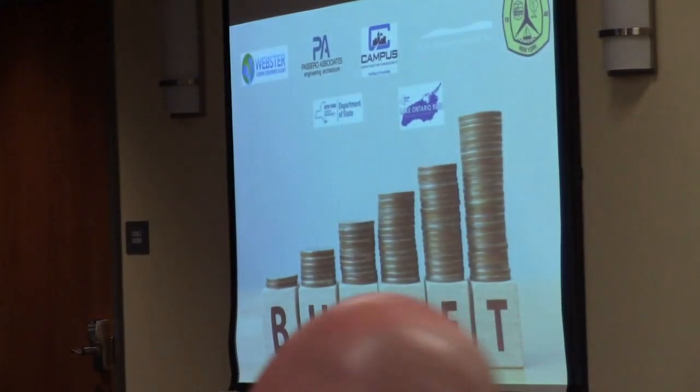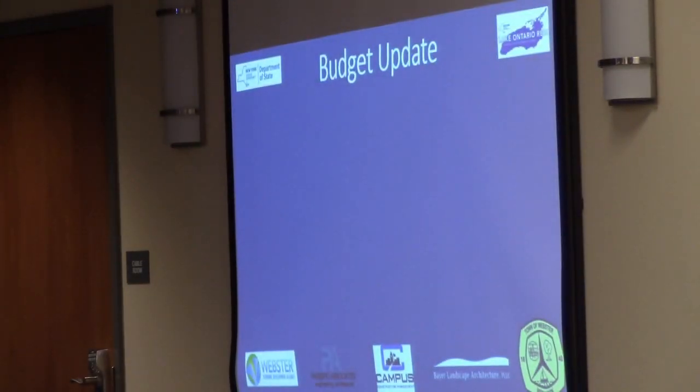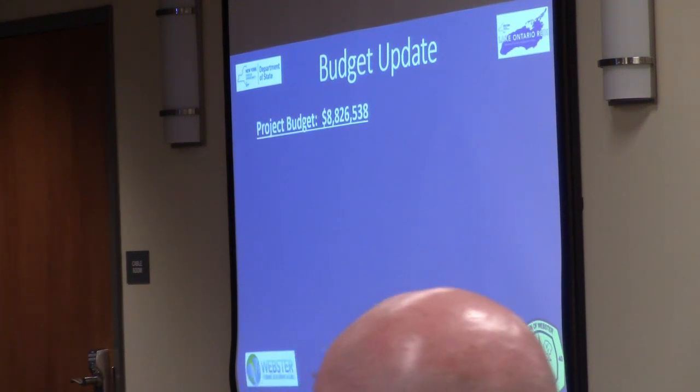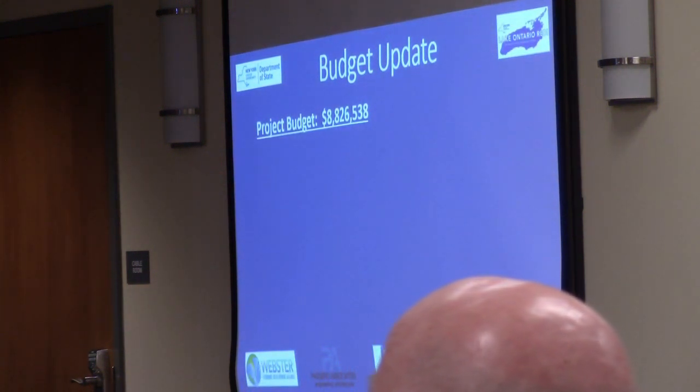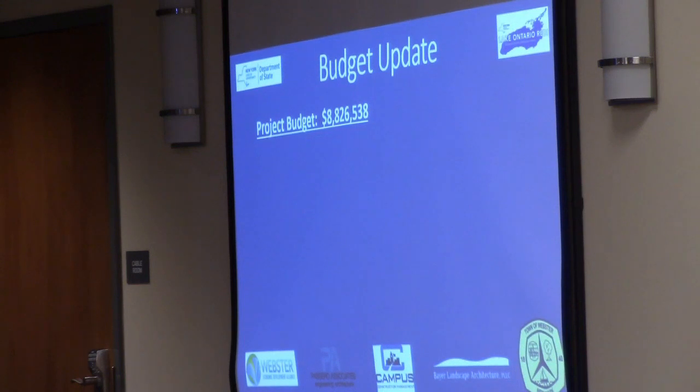So the first few slides that we're going to get into are probably the least exciting, but some of the most important. The budget. We started off the project with a total allocated budget for this portion of work of, and I'm going to talk in round numbers, roughly $8.8 million. Of that, we opened bids in March and awarded contracts in the amount of $7.4 million.